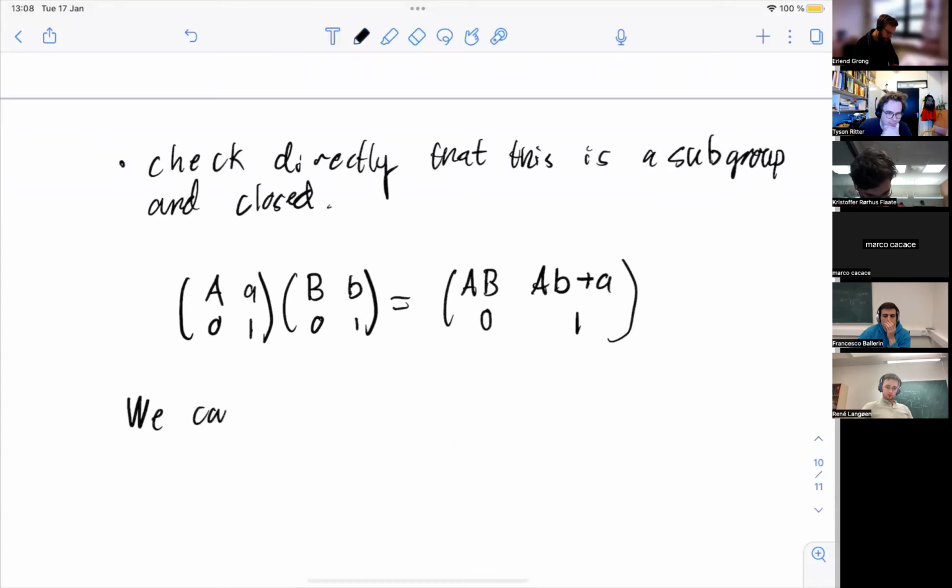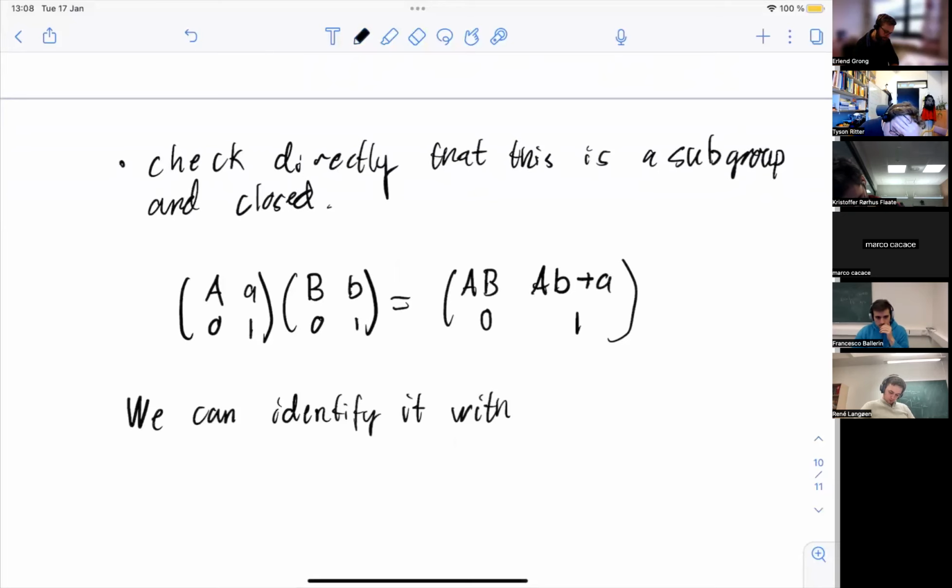The point is we can identify it with maps.